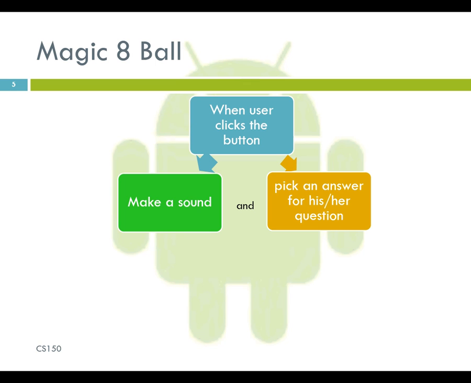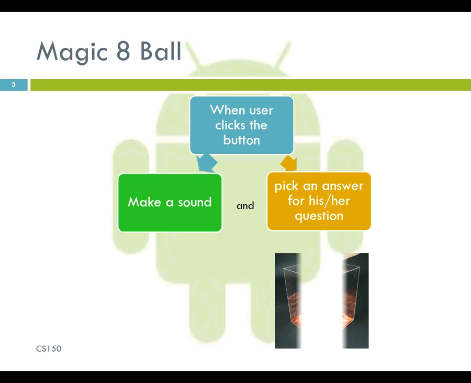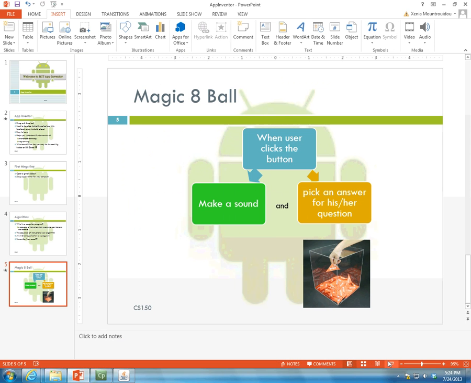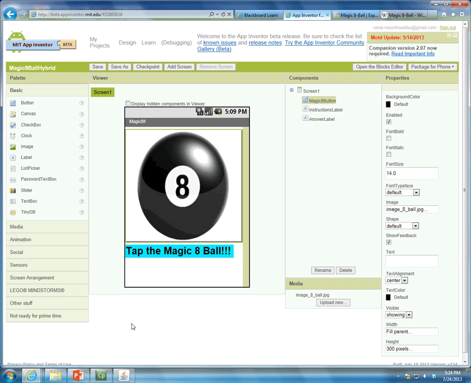A sound has to be made and an answer has to be picked. Now the answer picking part is the toughest part because it's like grabbing a random lottery ticket or a random number or a random text, a random answer from the Magic 8 ball answers. But let's make a sound first, and we'll get back to picking an answer.